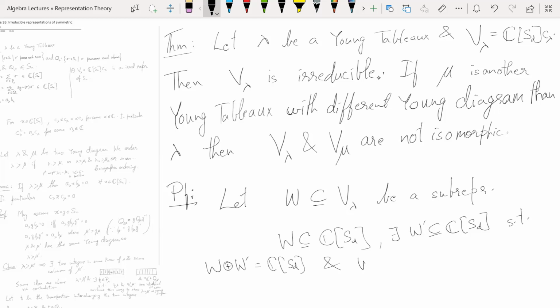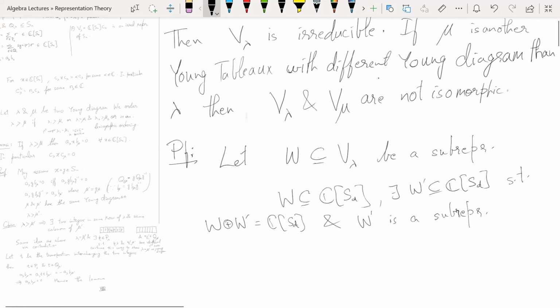And W prime is a sub-representation. This is something which we saw long back: if you take a sub-representation, then there is a complementary one. And this is how we prove that every representation you can write as a product of irreducible representations.